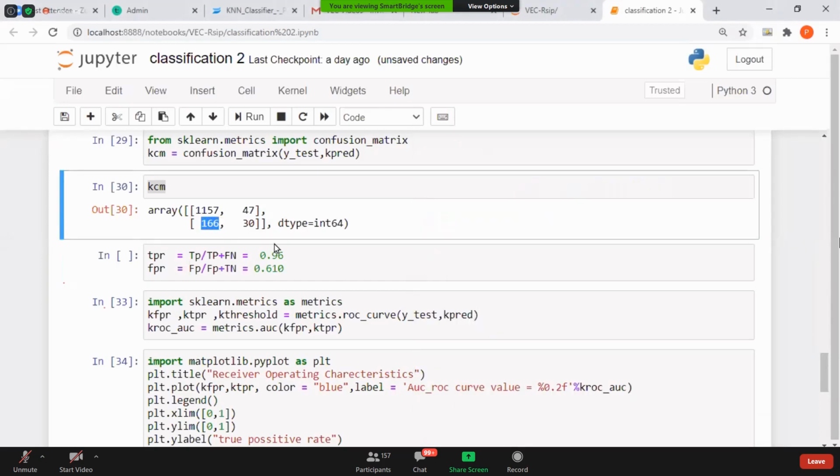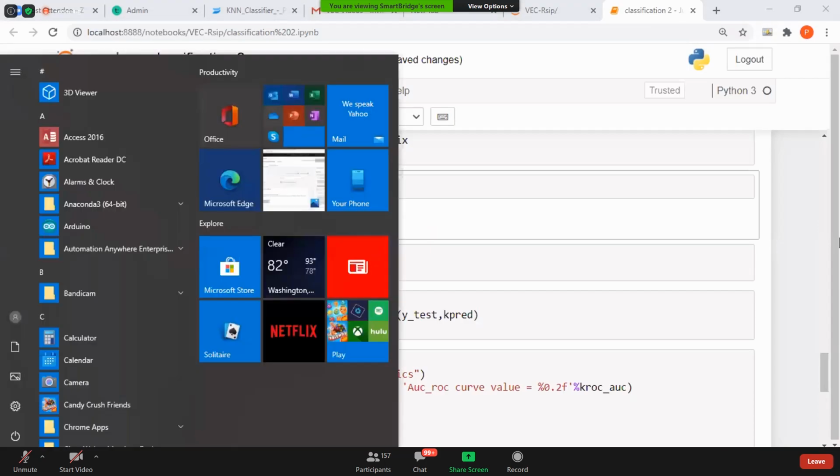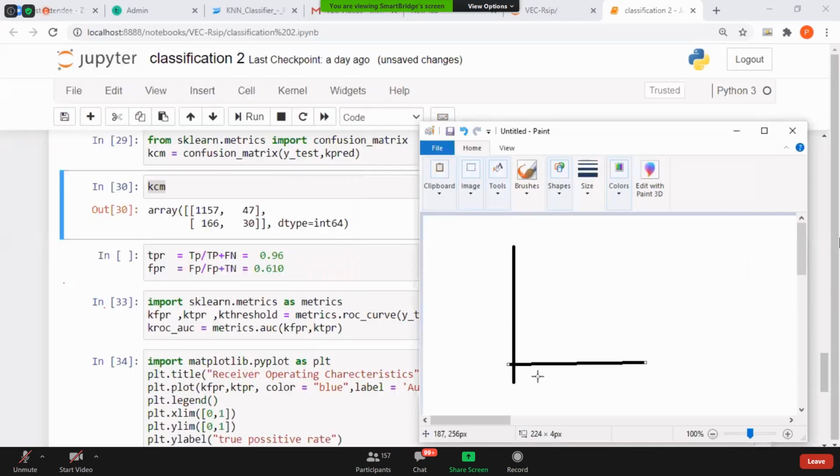False negative is 166. Anyhow, we got 0.96 as the answer, right? Now, FPR on the x-axis. So what is the FPR? This is 0.6. Yes. What is TPR?